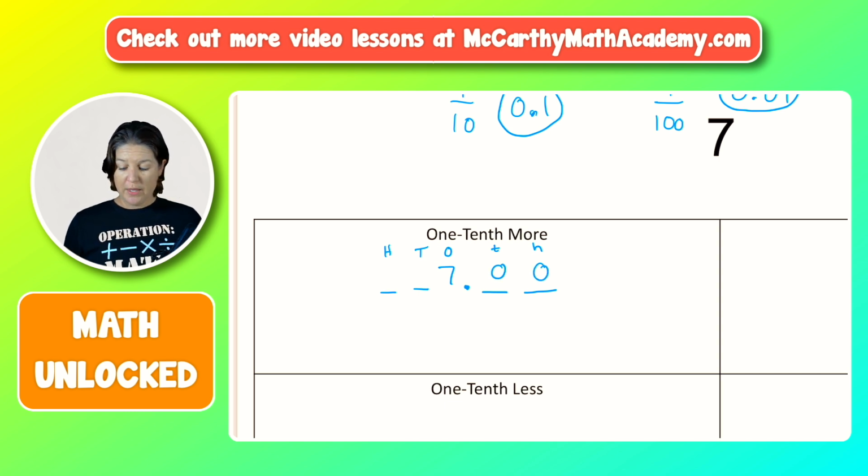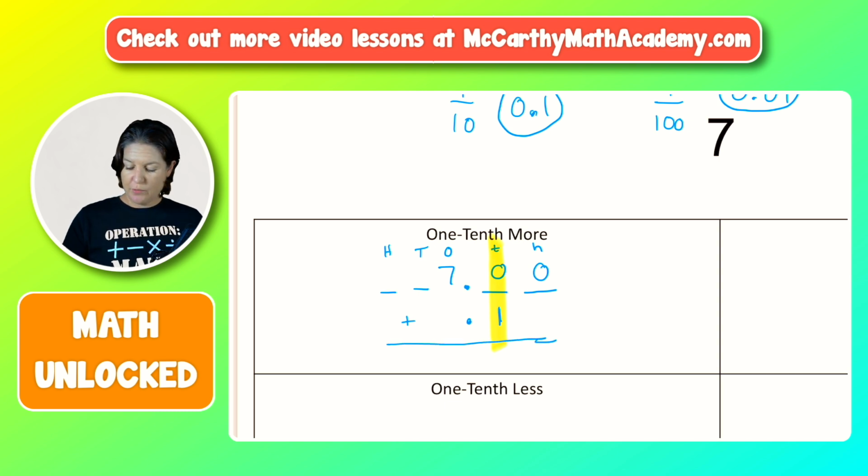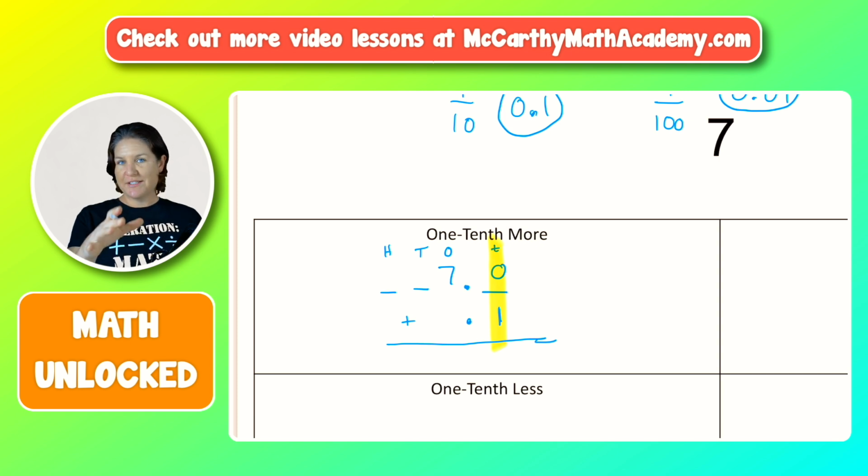That is true. To create 1/10 more means that we need to focus on the tenths place right here. And if we're thinking about it like addition, we could be adding 1/10 more. I'm actually going to eliminate the hundredths place right here because we're only focusing on the tenths place right now. We'll plug it in when we get over to the 100ths, but don't worry, it's still a 0 right there.